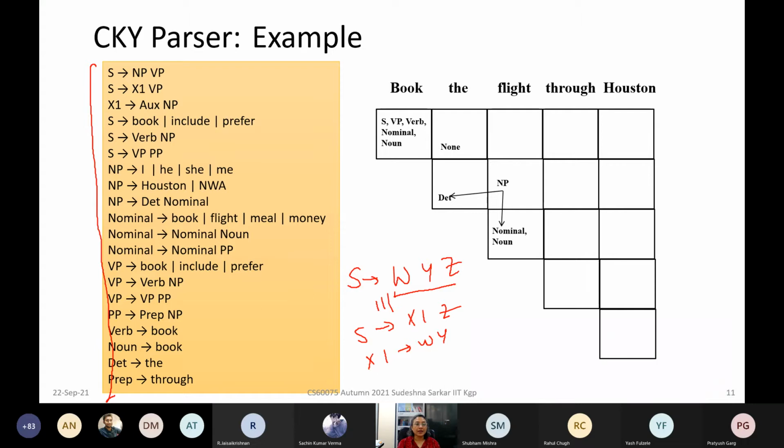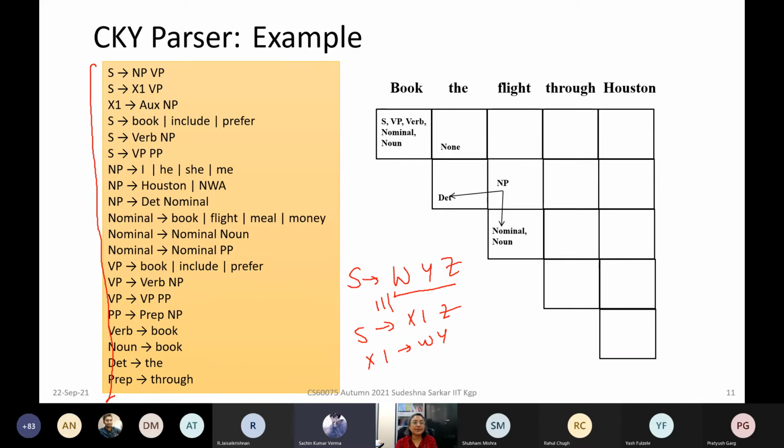Is this okay? Because we want to simplify our algorithm so that we can only split into 2 phrases. So in order to simplify our algorithm, we convert the rules. If a rule has more than 2 symbols on the right hand side, we convert it into 2 or more rules so that each one of them has no more than 2 symbols on the right hand side.